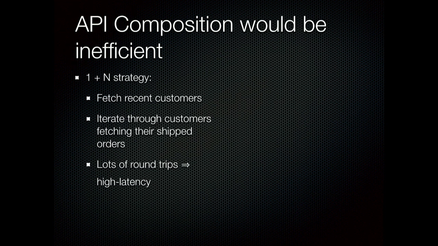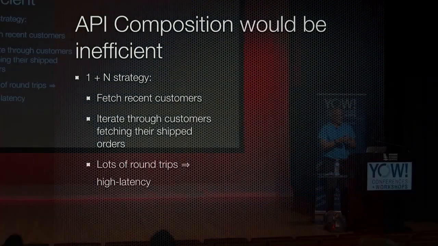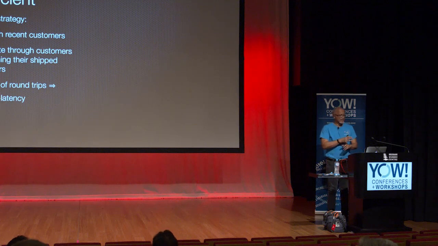For instance, one way to do it is you ask the customer service for all of the recent customers. That gives you back a list of customers, and then you iterate through that list, invoking the order service, asking it for its high-value orders for that particular customer. Simple, but that could exhibit really high latency because of lots of round trips.